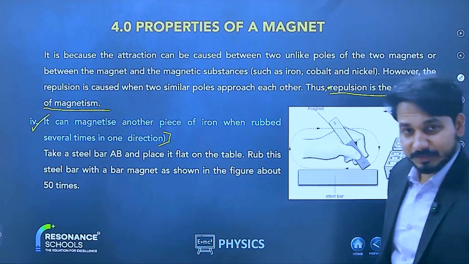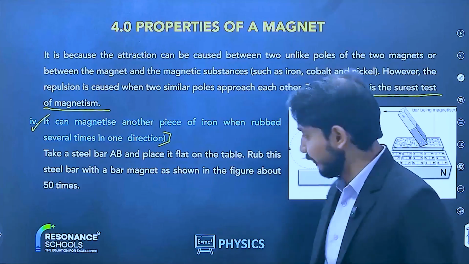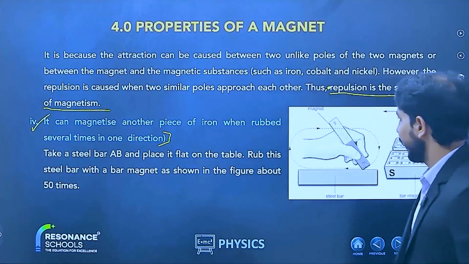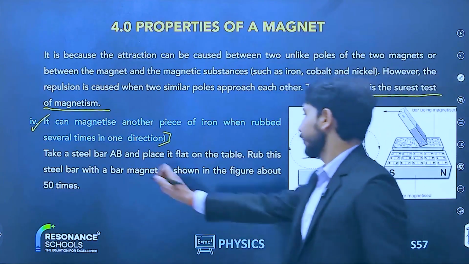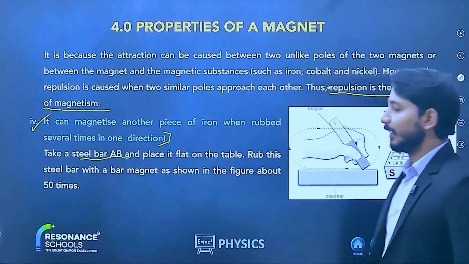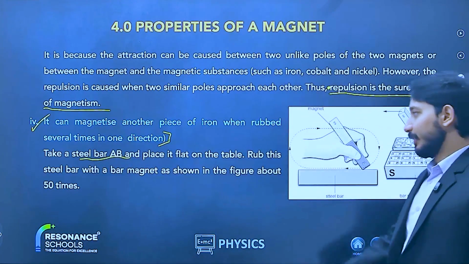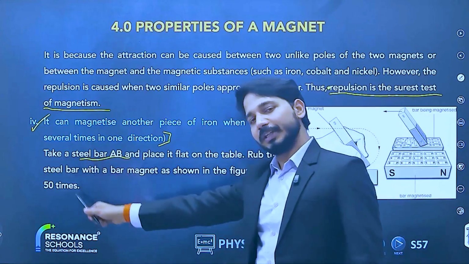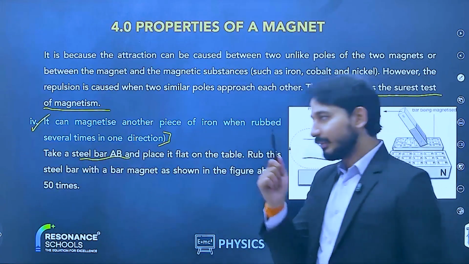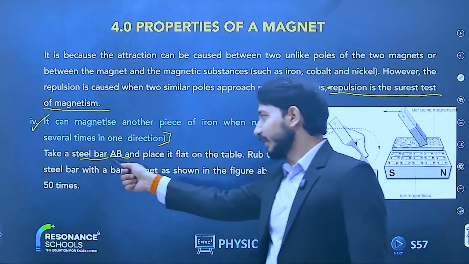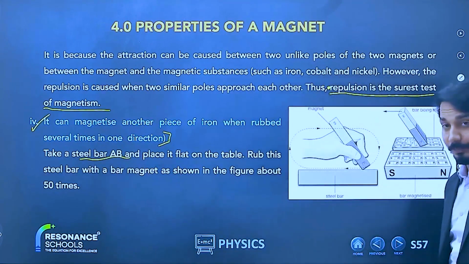Hamza is asking, sir, what is the full form of AB? So where is AB? Okay, actually here it is. Hamza, this statement you need not write in the notebook. First point. Second point. This is a steel bar of length AB.